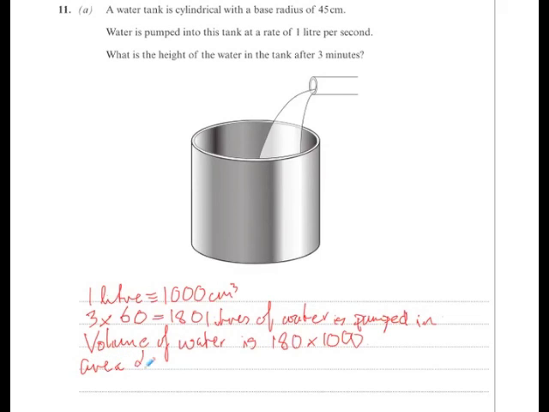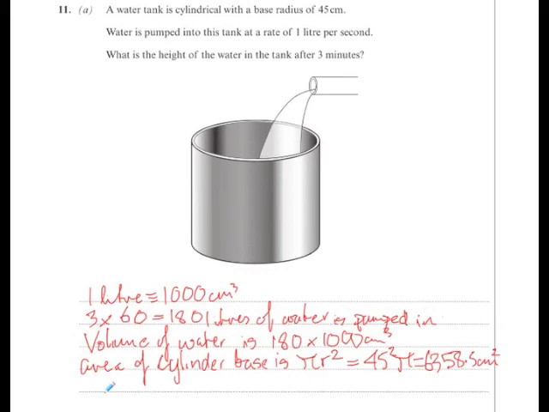The area of the cylinder base is pi r squared, and that's equal to 45 squared times pi, and I'm going to use 3.14 for pi, and that's going to equate to 6358.5 centimetres squared.